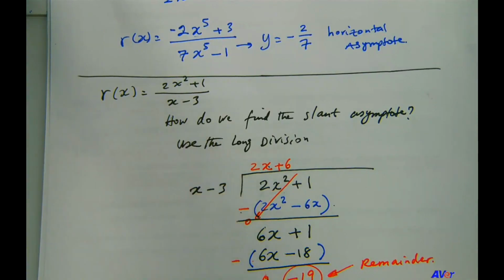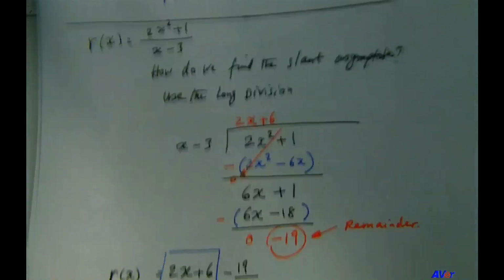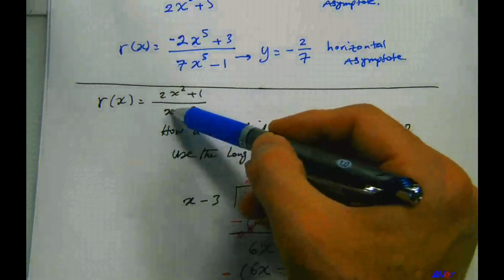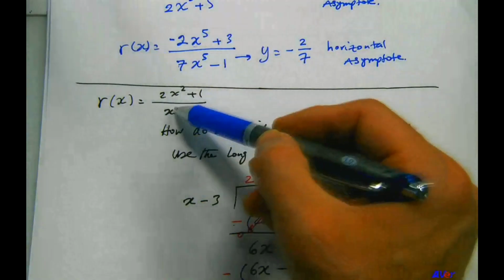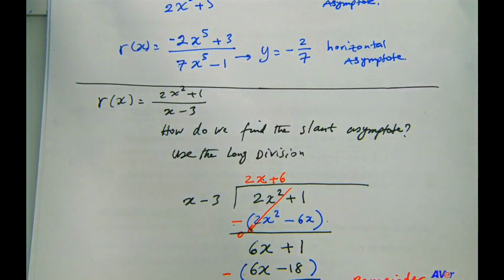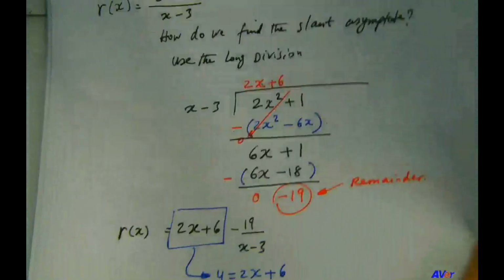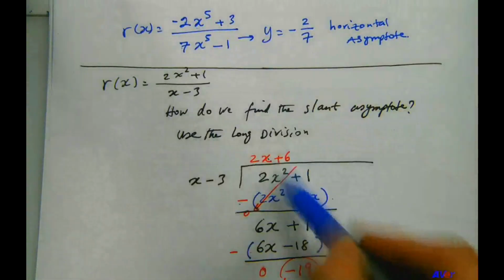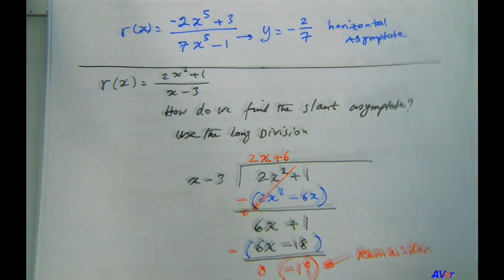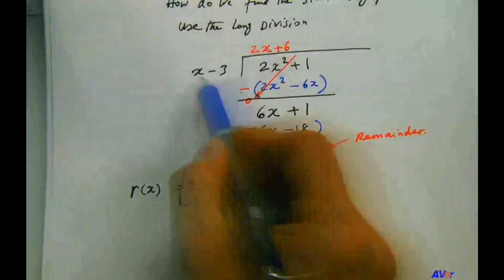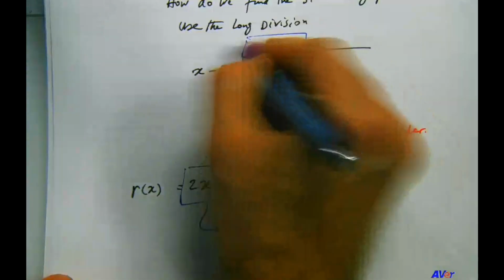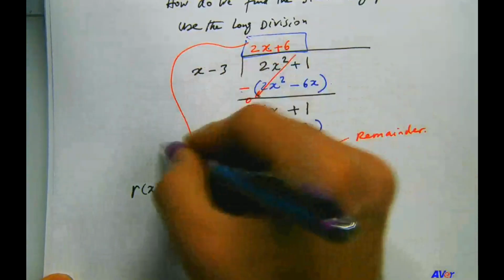So did you see how we arrived at that? We know this power being higher than this power, we know we're not going to have a horizontal asymptote, so instead we have to have a slant asymptote. How do we find the slant asymptote? We use long division to divide this by this, and we did that here. And what did we end up with? With this quotient, right?